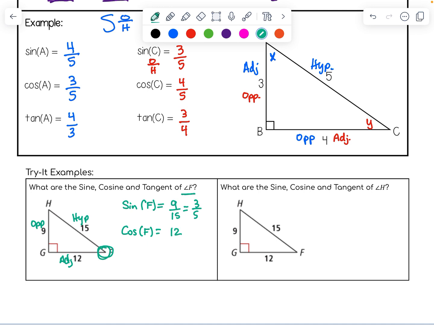So that'd be 12 over 15, which is 4/5. And the tangent of F would be opposite, which is 9, over adjacent, which is 12. And that would be 3/4.